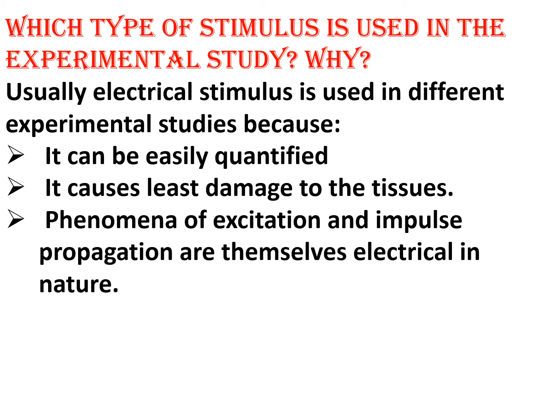Usually electrical stimulus is used because it can be easily quantified. Strength and duration of the stimulus can be controlled, it causes least damage to the tissue, and the phenomena of excitation and impulse propagation are themselves electrical in nature.